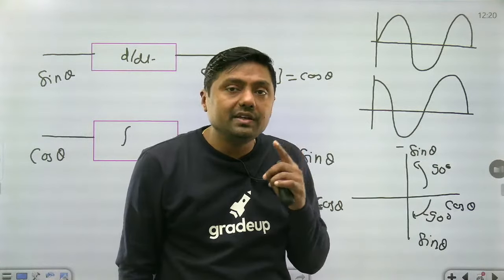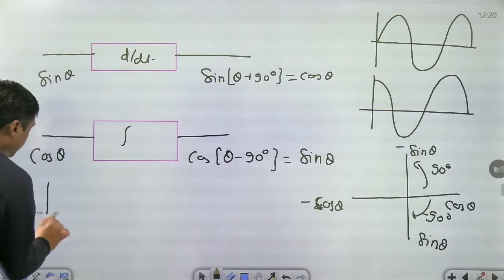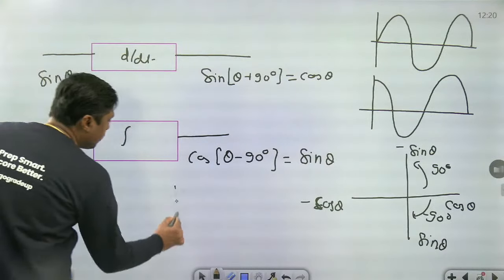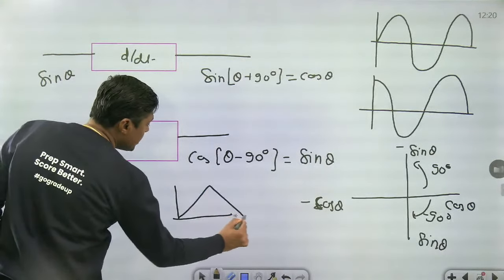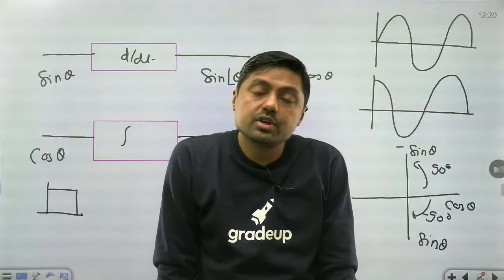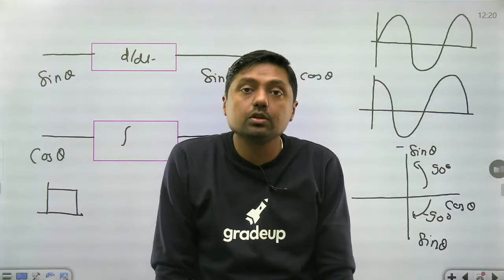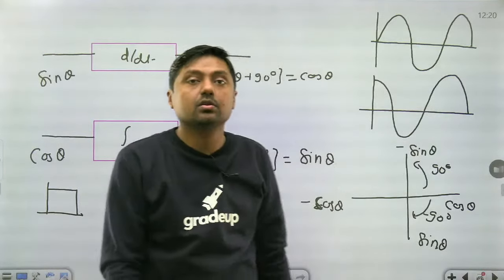But when we are integrating the square wave, what will happen? When we are integrating the square wave, we are getting the triangular pulse. Change in phase as well as change in shape of the signal. And that's why this topic deals with non-sinusoidal signal.